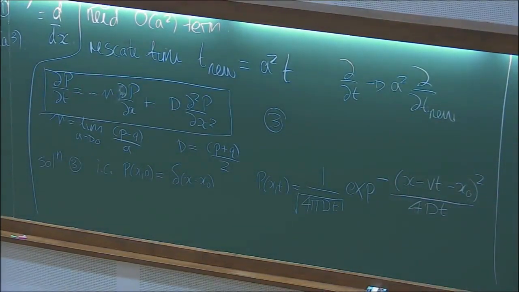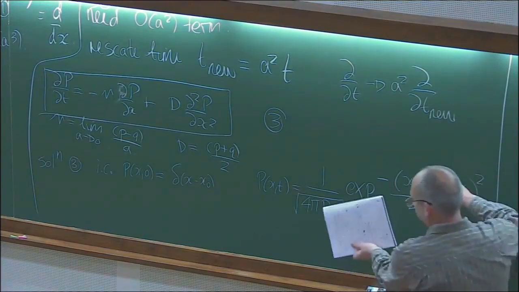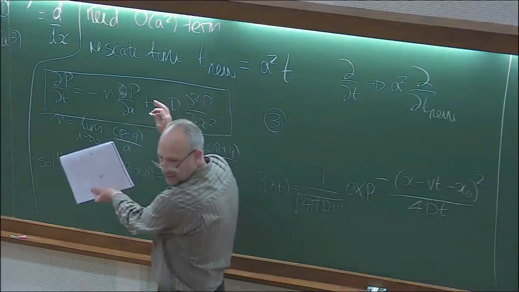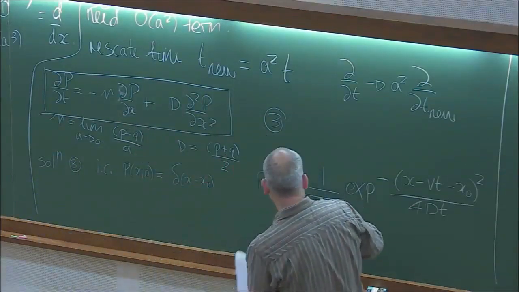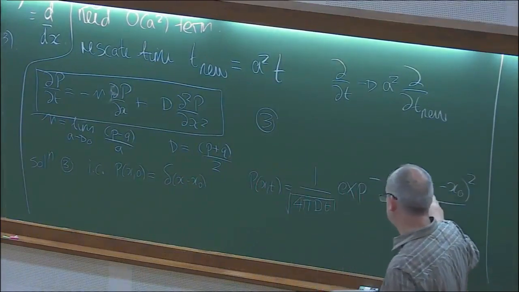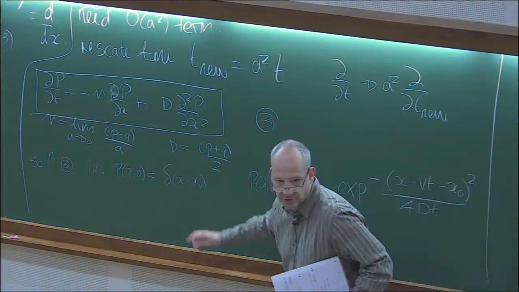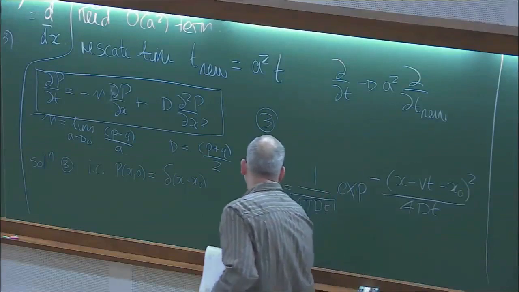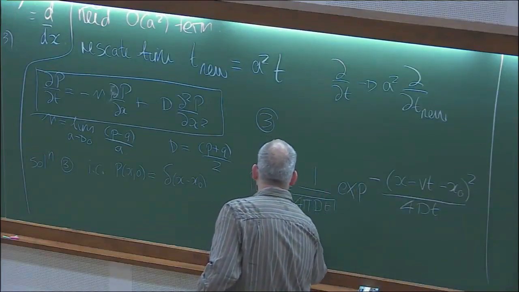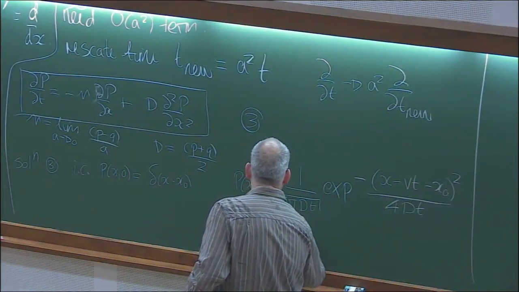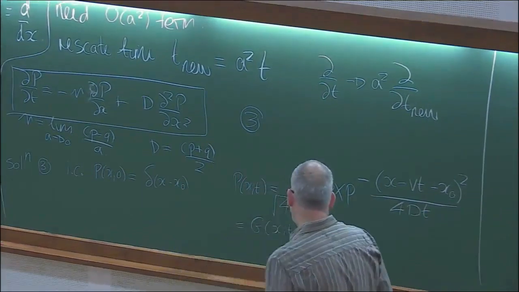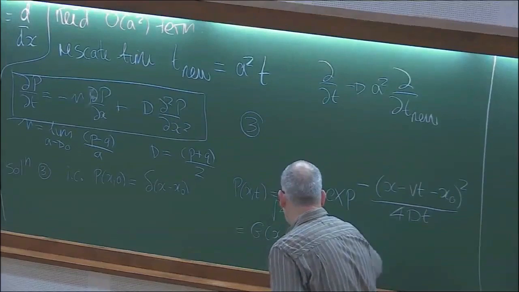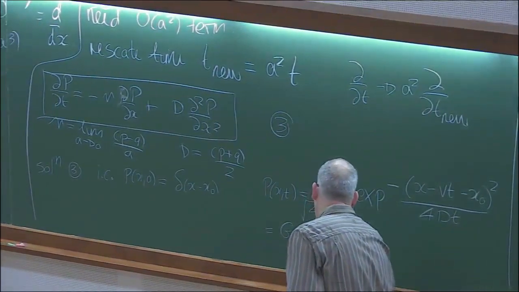So that's the Gaussian distribution. I leave it as an exercise. You can check that this satisfies this equation. You'll find it does. And this has the initial condition: when t goes to 0, this becomes the delta function. This is usually denoted G of x, t given x naught, 0.